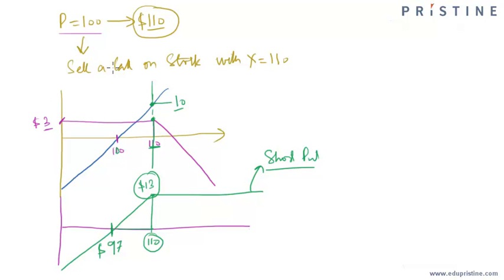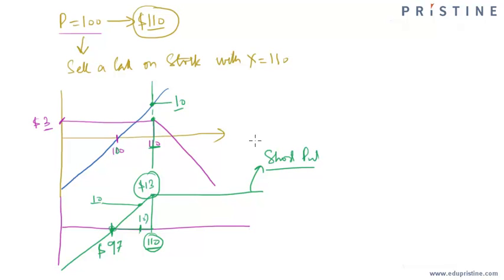But if the stock goes below 110, you will start making a return lower than 13. So suppose the stock remains at, say, 107, the resultant payoff would be $10, okay, and if it goes to 97, you lose your 10% as well. And if it goes below 97, you start making a loss instead of a profit.